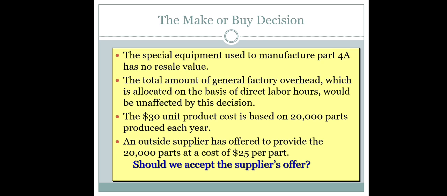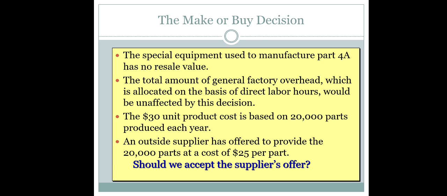If you compare the cost without doing analysis, you will say that it is better for this business to purchase the part 4A from the external supplier. Why? Because the external supplier offers the part 4A at $25 per unit.